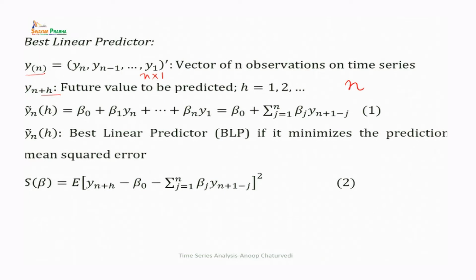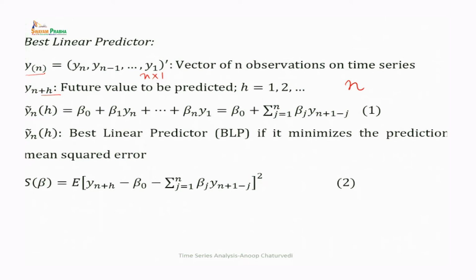We assume that your predicted value is a linear function of y 1, y 2, y n. So, basically we are concentrating on obtaining the best linear unbiased predictor. We have considered a linear function of y 1, y 2, y n for predicting the value of y n plus h.